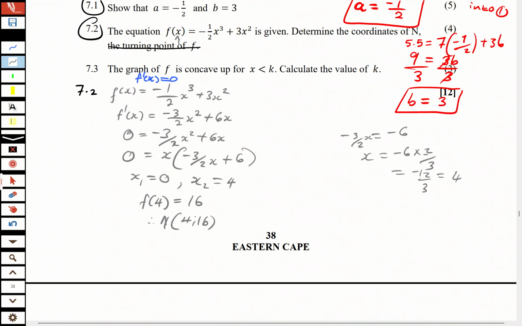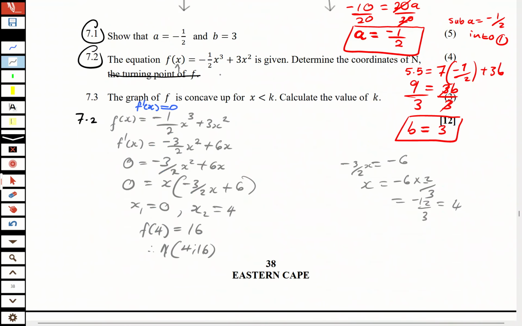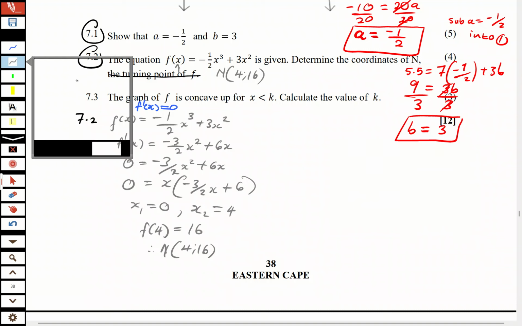And like that, we are done. This is n. So I can come back and say n is simply 4, 16. So now let me erase this part so that I can have space for the next question.